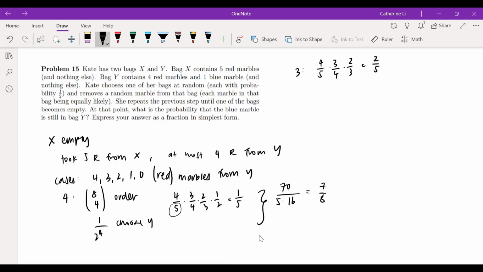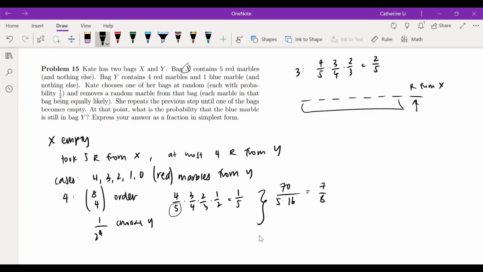And then as before, if we had 3 marbles from Y chosen and then 5 from X chosen, we need the last one to be a red from X, because otherwise X would have been emptied already before this point.